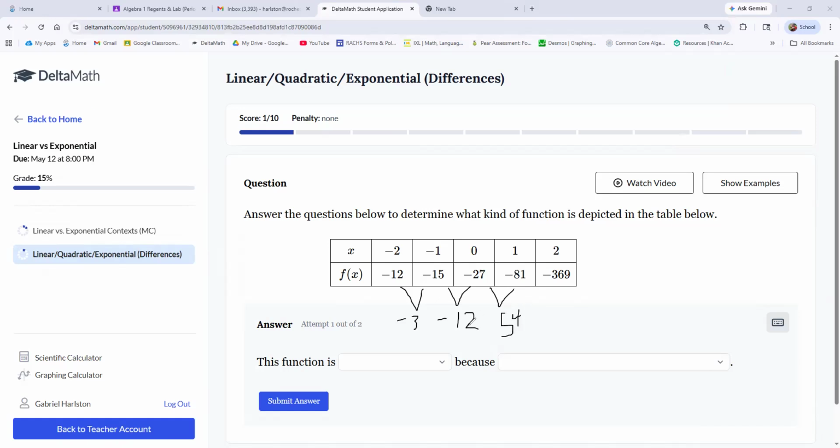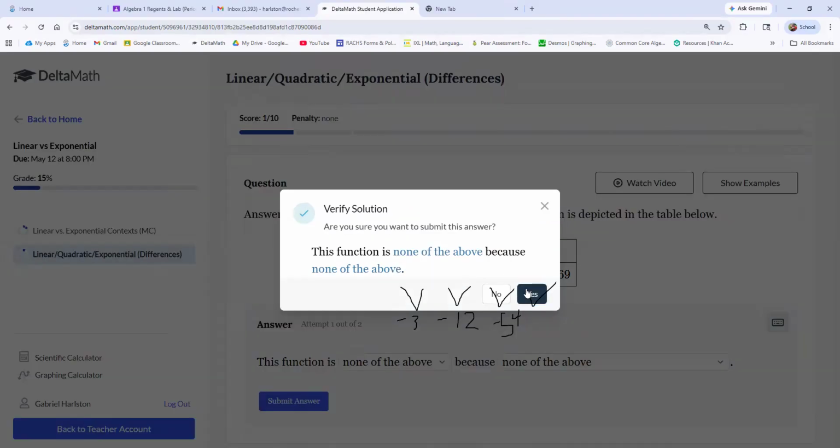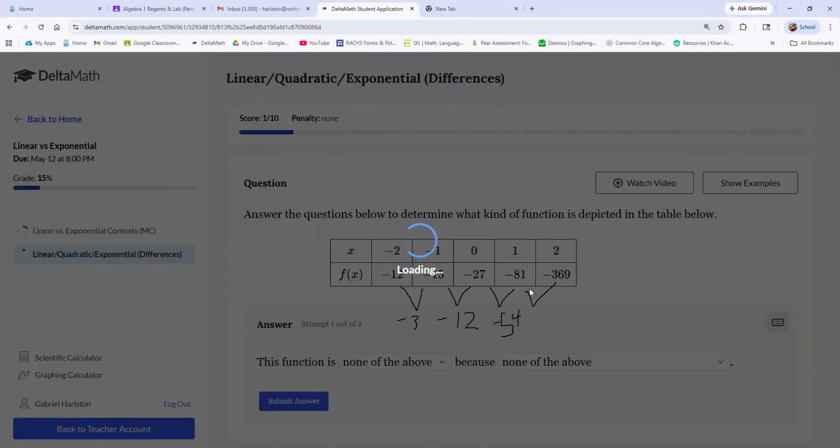So it looks like, I thought this was going up by, we can multiply by a certain number, but that's not it. So this is also not linear or exponential. So I'm going to say none of the above, and I'm going to say none of the above again, and I'm going to fire this off.